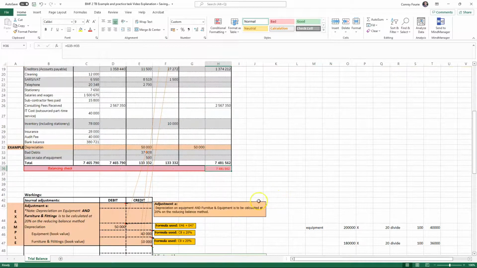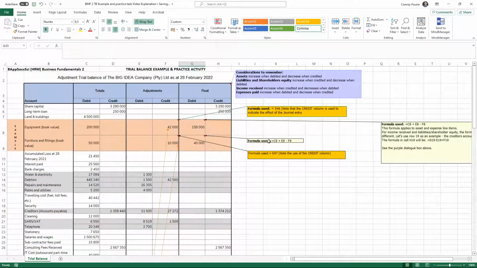So that is 7481.56. So let's just do the debit column, and remember the formula C8 plus E8 minus F8 for row 8 as an example, which is over there.